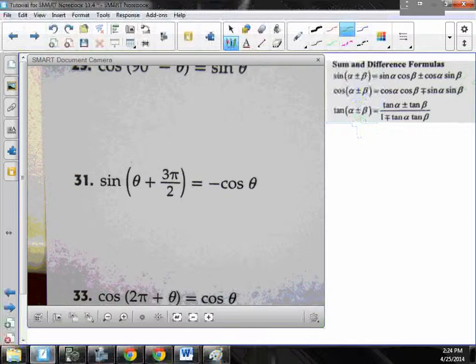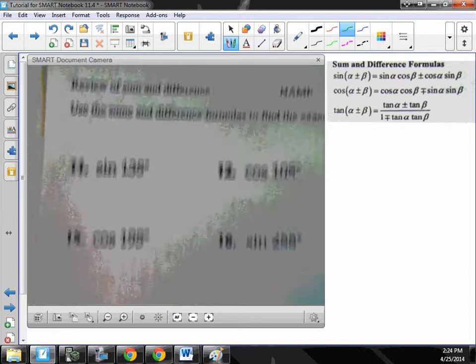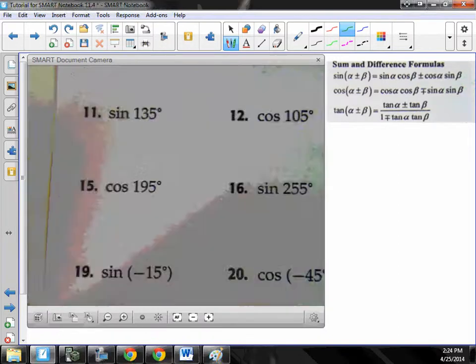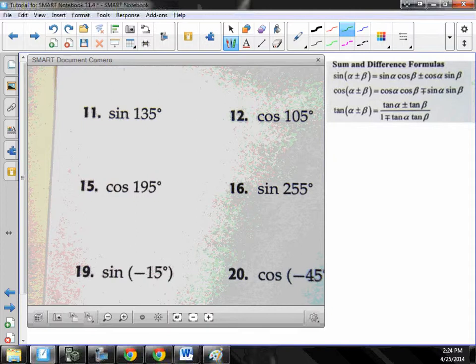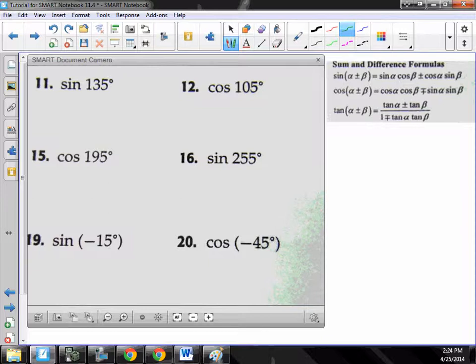So, look at number 12. Cosine of 105. Do we have a 105 on the unit circle? No. So we need to make one. How do you make 105? 90 plus 15, but we don't have a 15. 60 plus 45.